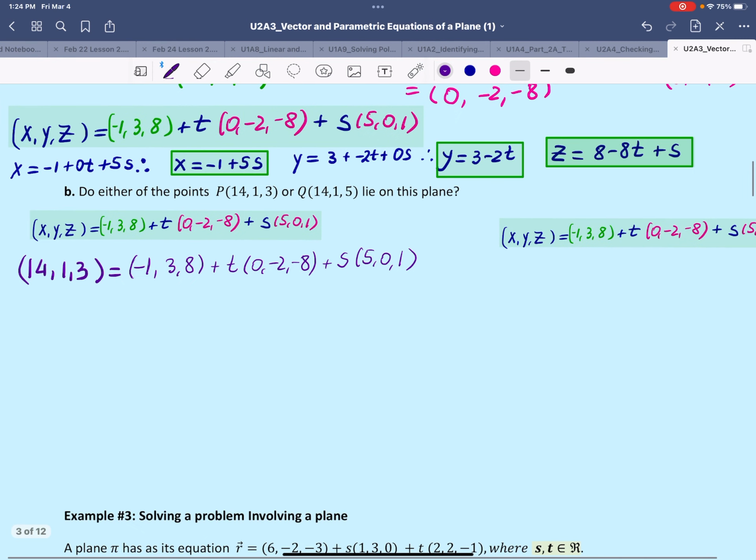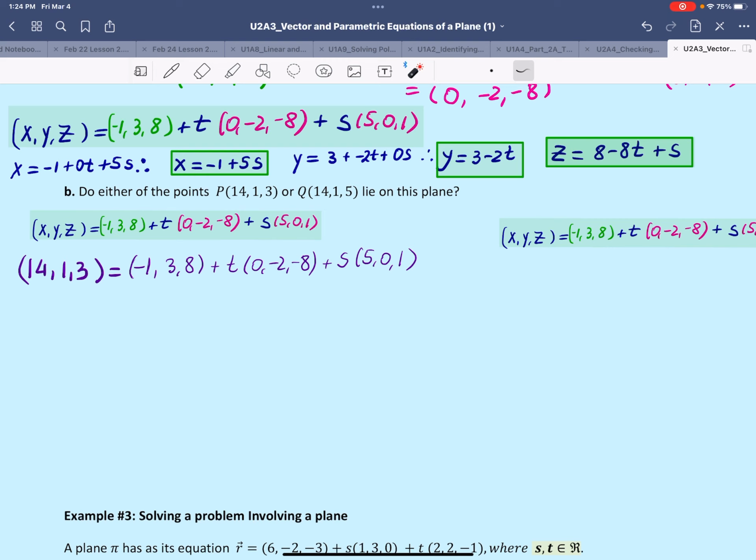We can use the parametric equations to figure out the t and s values. If we obtain the same t and s values from each and every coordinate, then we would say that the point P fits into the equation.